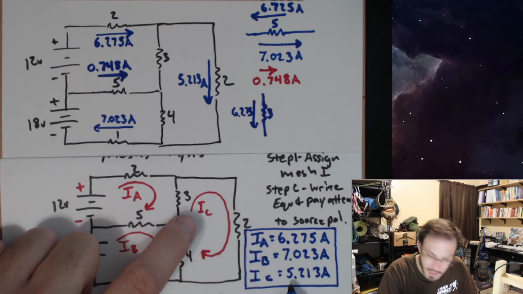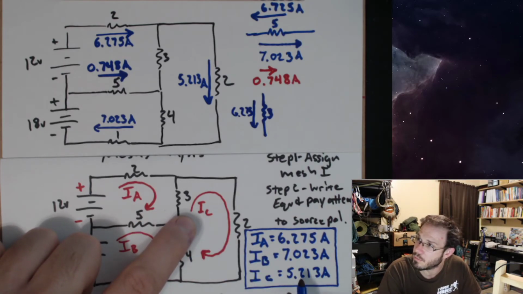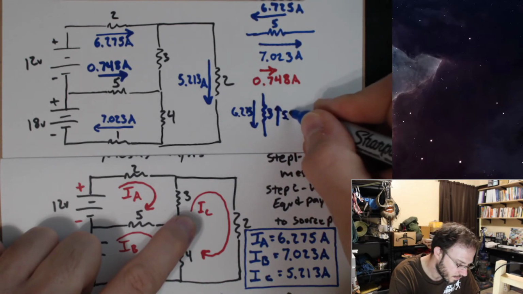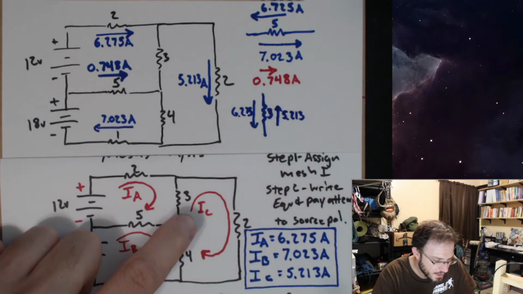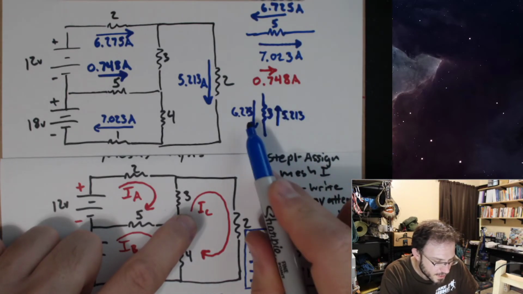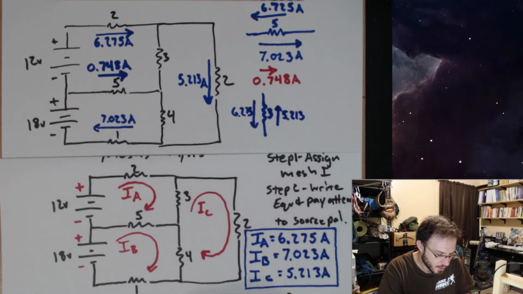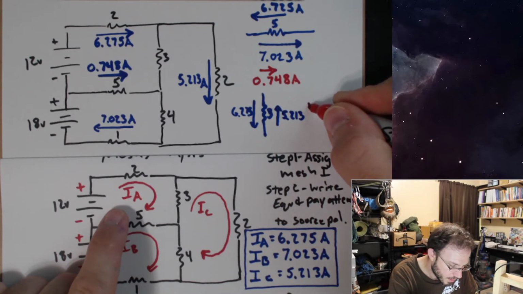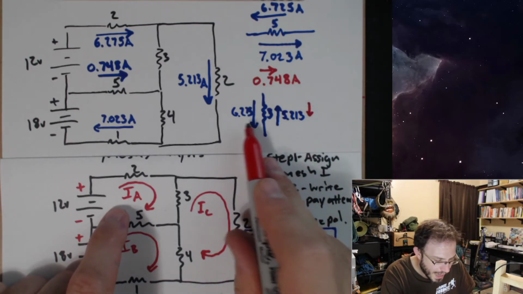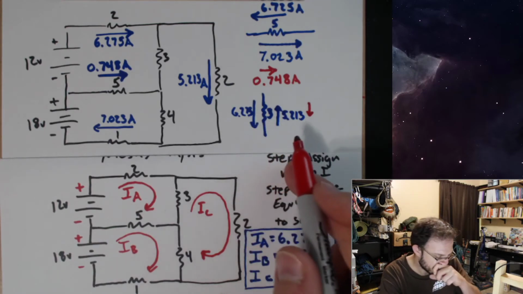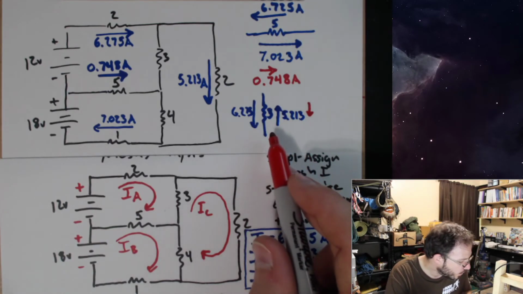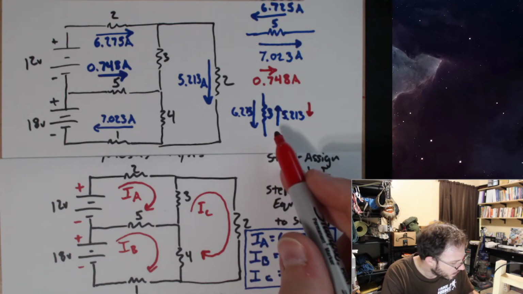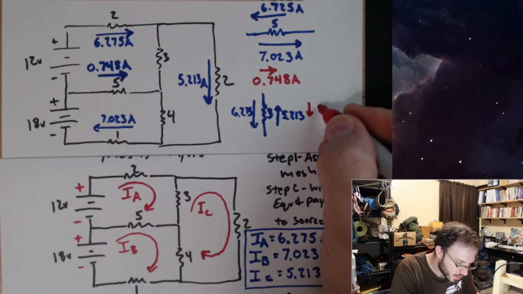It is going up, and it's a positive value, so it'll go in the same direction, 5.213. If you notice, the one going up is smaller, so the resultant current is going to be down. We will just subtract 5.213 from 6.275, which will give us 1.062.